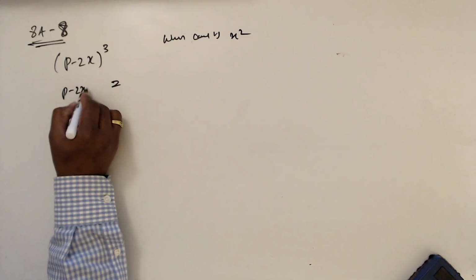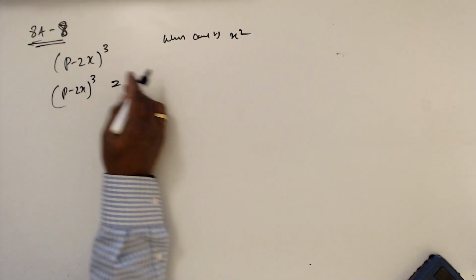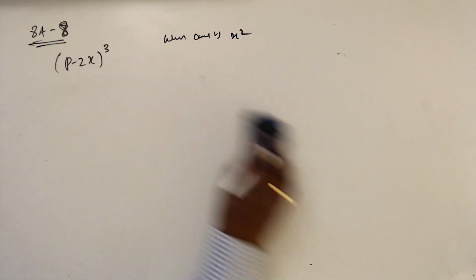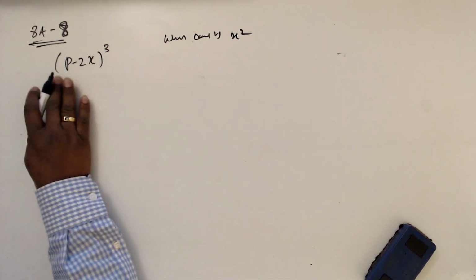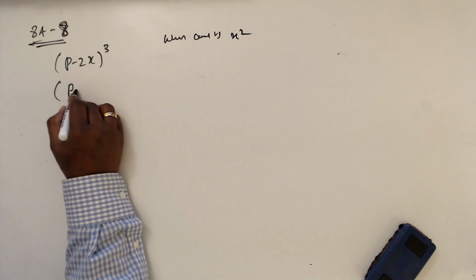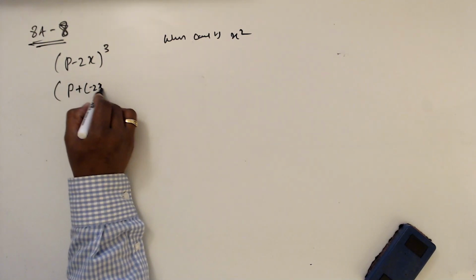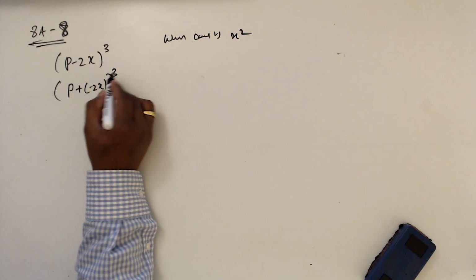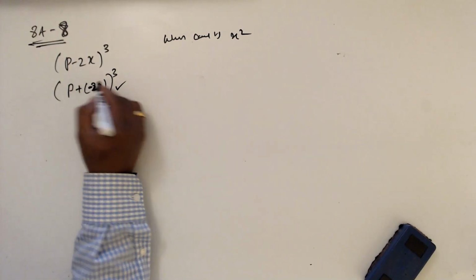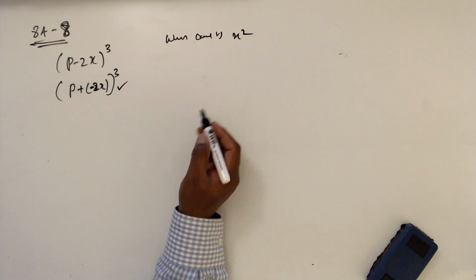(p minus 2x) cube. I can't put the binomial for this one, so I'll put (p plus (minus 2x)) cube. And now it is in binomial form. Right, and I need the x square term.